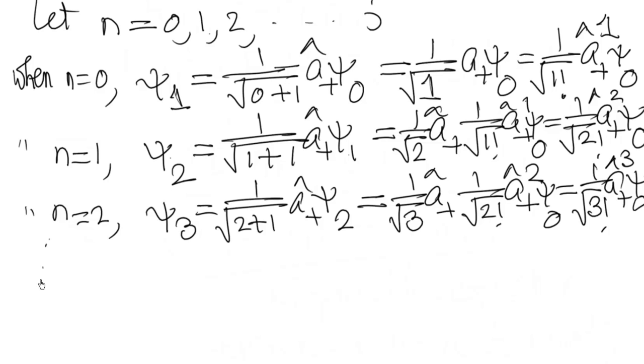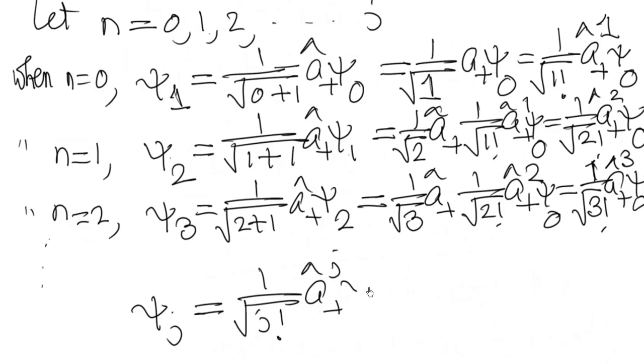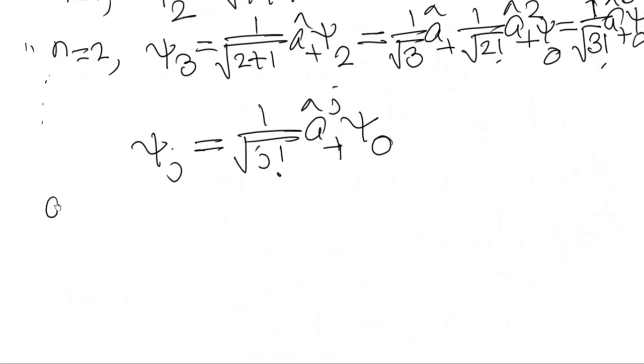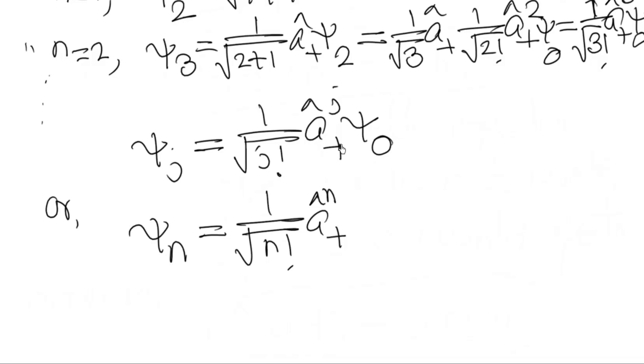So if you do this way, then we can write down psi j equal to 1 divided by square root of factorial j a plus to the power j psi naught, or psi n is equal to 1 divided by square root of factorial n a plus to the power n psi naught.